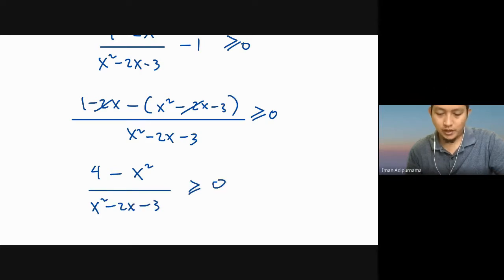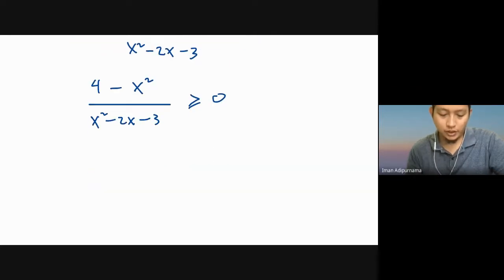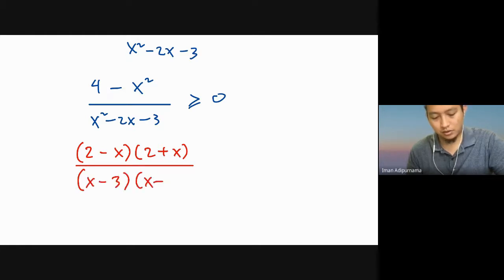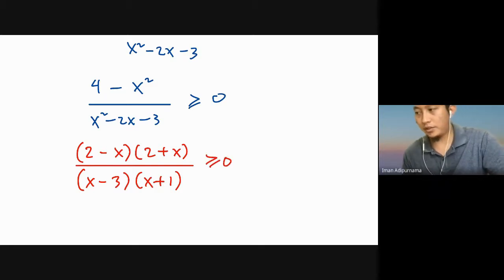So we are getting that, and then we have this. I can write 2 minus x, 2 plus x, and that is our factors. So this should be greater than or equal to 0.